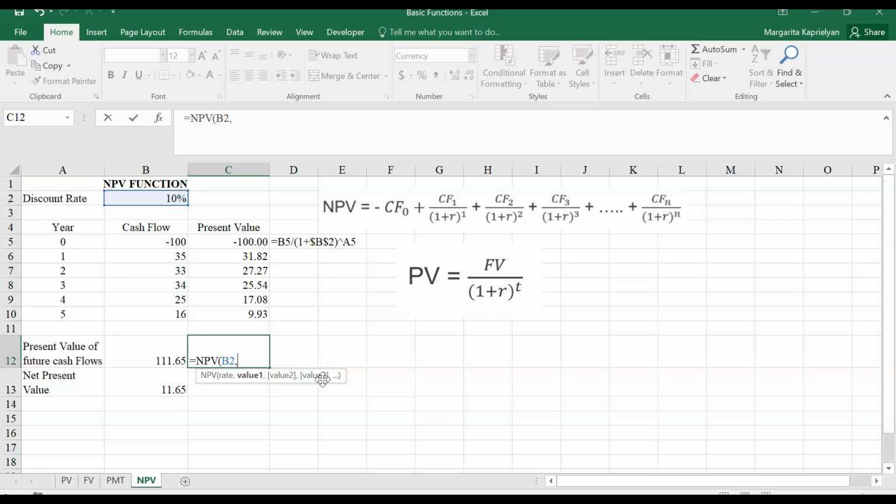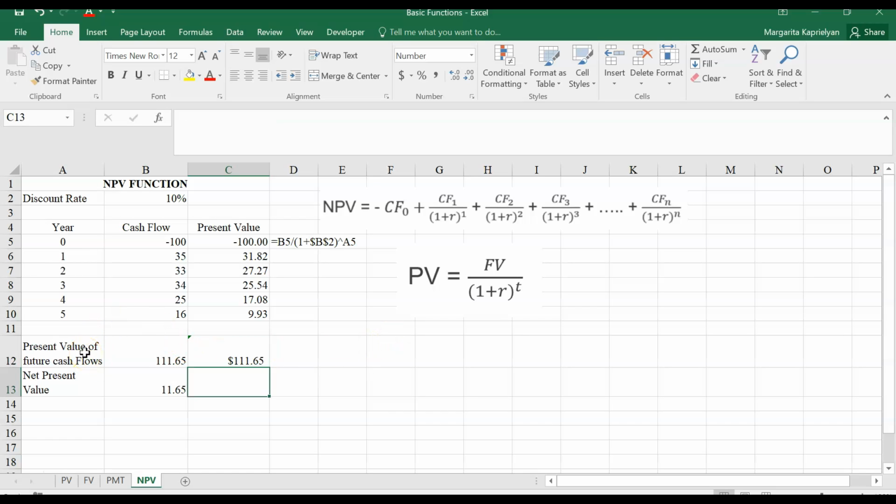That is not its purpose. What the NPV function in Excel does is calculate the present value of future cash flows. It actually does not calculate net present value. So what we need to do is grab values 1 through 5, year 1 through 5, and we are going to get the present value of future cash flows.